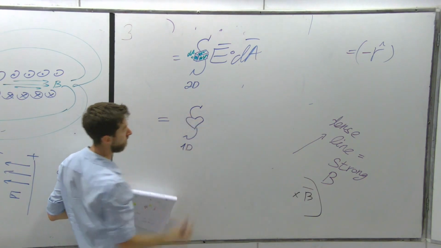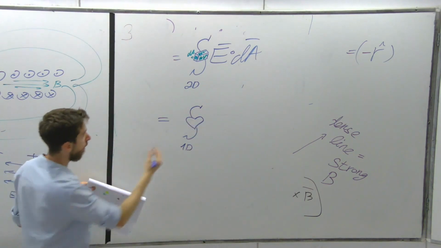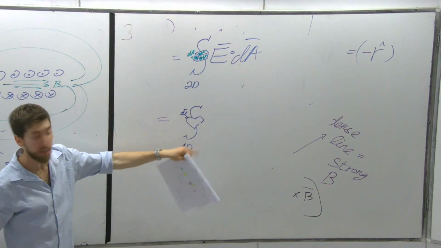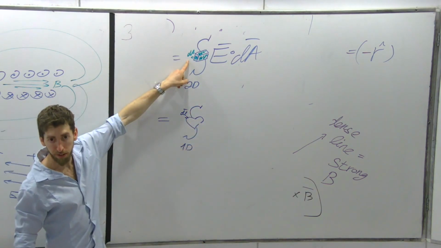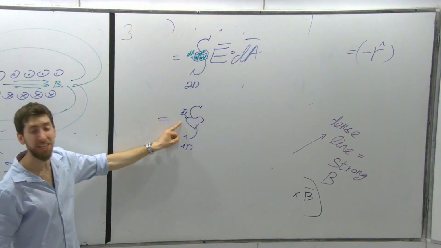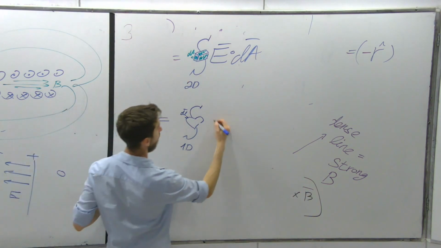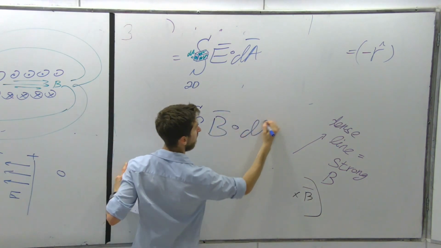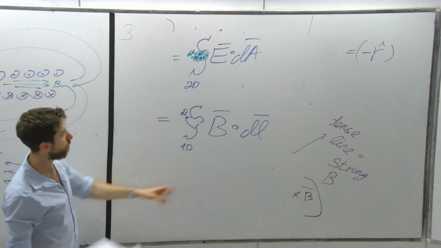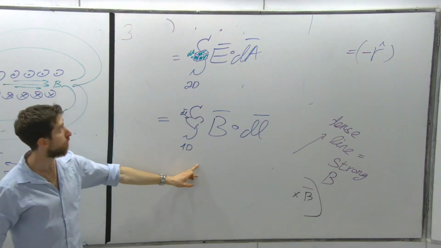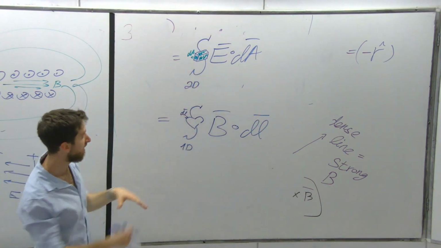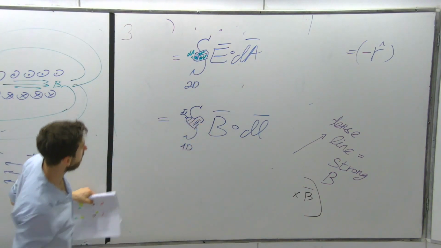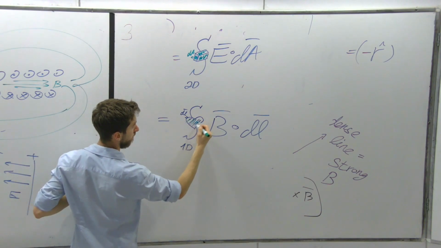And walk on the path dL, the path of the line, like we had dA, the area unit. Now we have dL, which is the line. And put here the magnetic field, dot product, dL. Do you understand what I did here? So this one is an area, right?